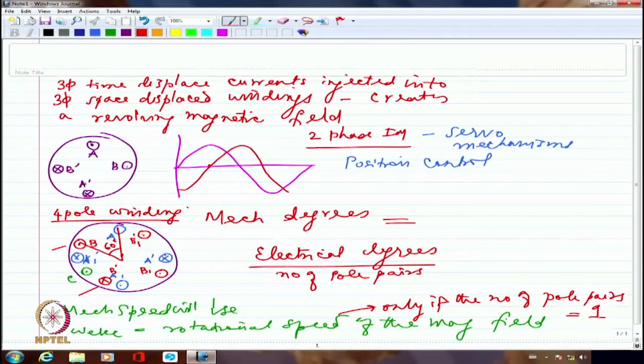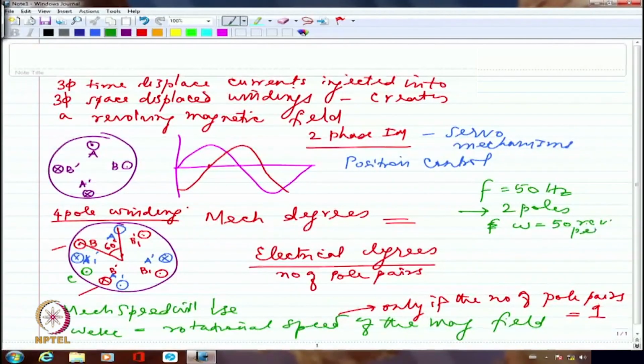So if I say that it is actually 50 hertz, right? If I say it's a 50 hertz supply, which is the normal supply we use, then for 2 poles I am going to get the rotational speed also as 50 revolutions per second.